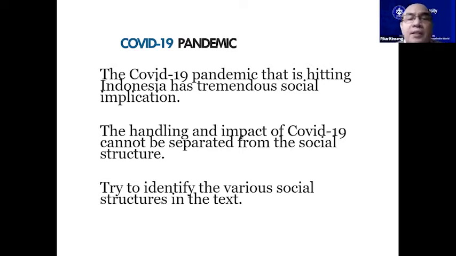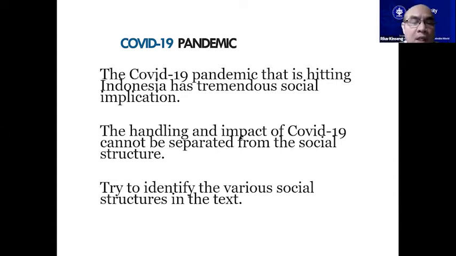The COVID-19 pandemic that is hitting Indonesia has tremendous social implications. As you know, it's not only in Indonesia. The implication is really huge in every aspect of our lives, from the economic up to personal behavior. And then the handling and impact of COVID-19 cannot be separated from the social structure. Of course, in the reading it is mentioned several times.